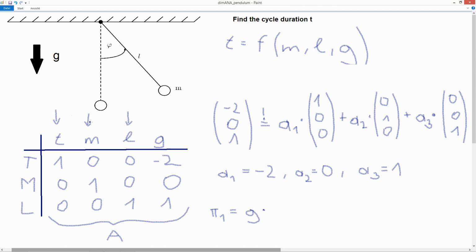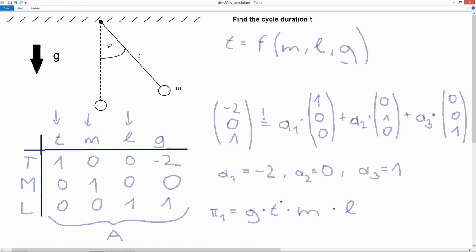So you picked these 3 columns, so you have to add T times M times L. Next, you have to add these 3 values, -2, 0, and 1, as exponents to these quantities.